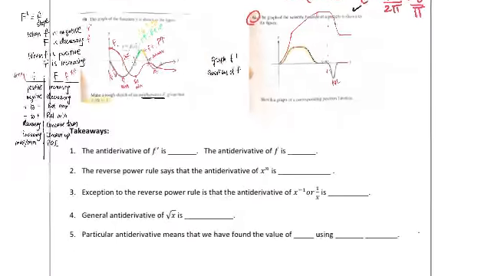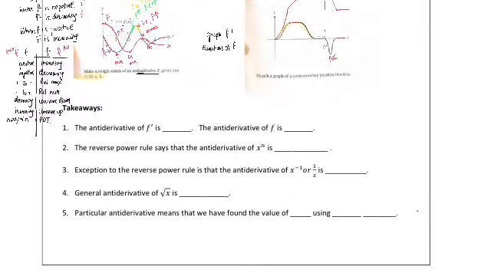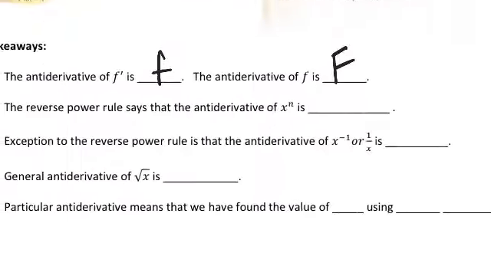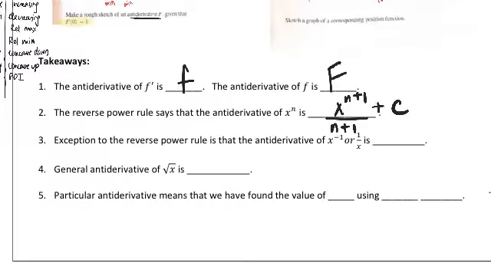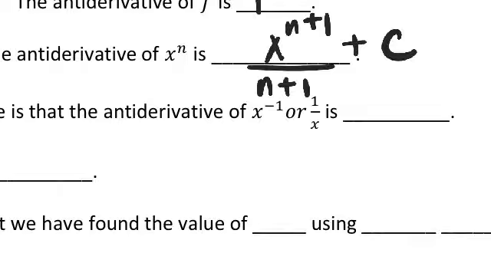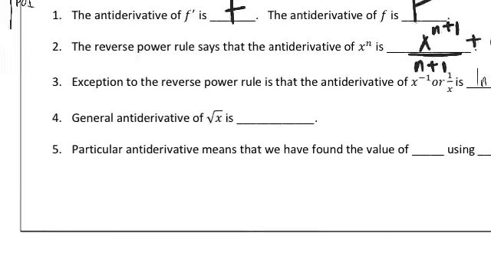All right, pause your video and write the takeaways. Okay, so antiderivative of f prime is f. Antiderivative of little f is big F. Reverse power rule says antiderivative of x to the n is x to the n plus 1 over n plus 1, plus c. Exception to the rule is 1 over x or x to the negative 1, and there its antiderivative is ln of the absolute value of x plus c.